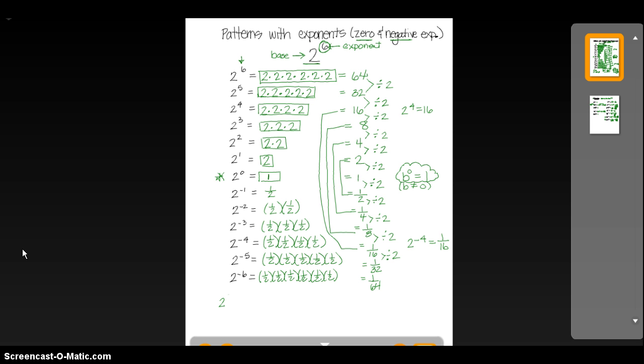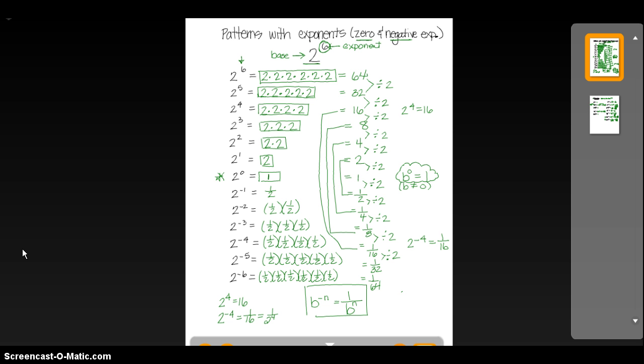Let me recopy this. So I had 2 to the fourth equals 16, and 2 to the negative fourth equals 1/16. Well, notice that 1/16, that's the same as (1/2) to the fourth. So when I have something raised to a negative power, it's the reciprocal of that same base, but raised to the positive power.